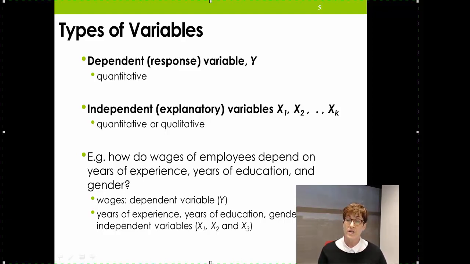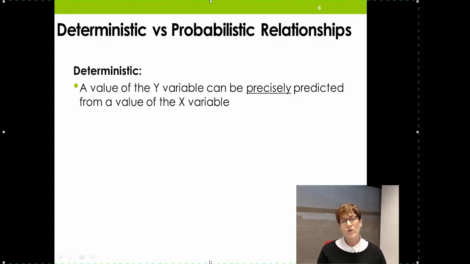Now, given that we've already covered data types, it should be nice and easy for you to determine that years of experience as an explanatory variable is quantitative, years of education also quantitative, but gender there is an example of a qualitative independent variable.